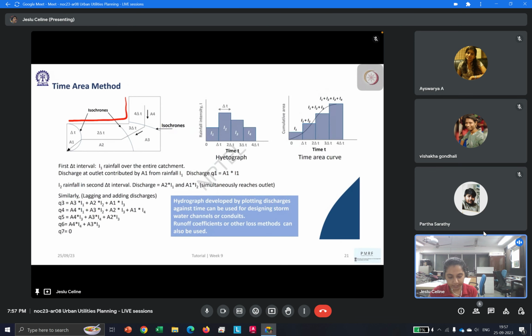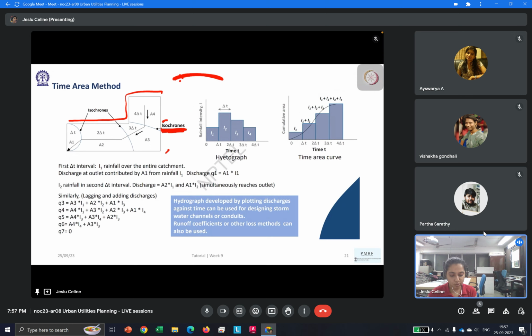So this is your entire catchment area. Now you're dividing that into different zones. For that you use isochrones. Isochrones are basically an imaginary line along which the time taken to travel would be the same. For pressure you have isobars, then you have isotherms. Which means that something is the same, that's why it gets the term iso.